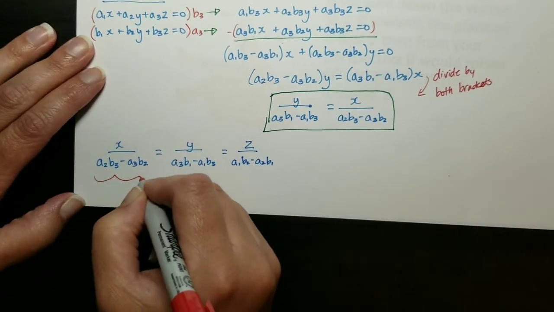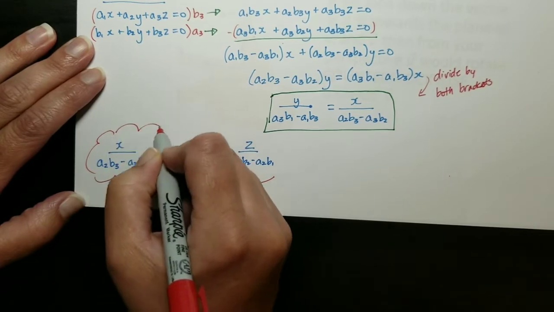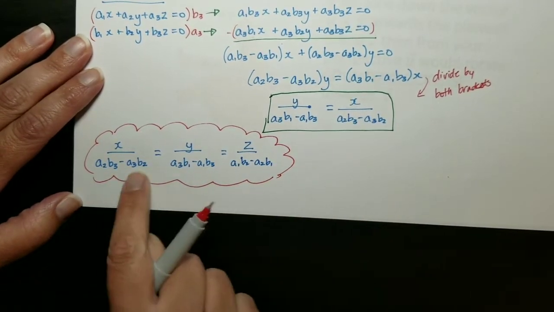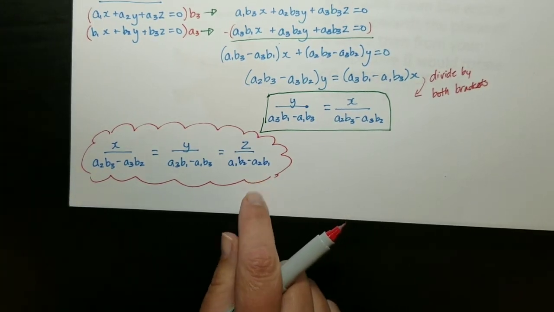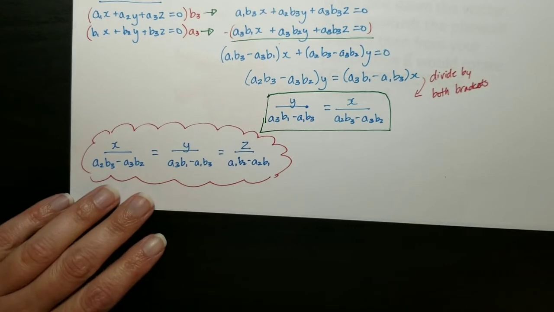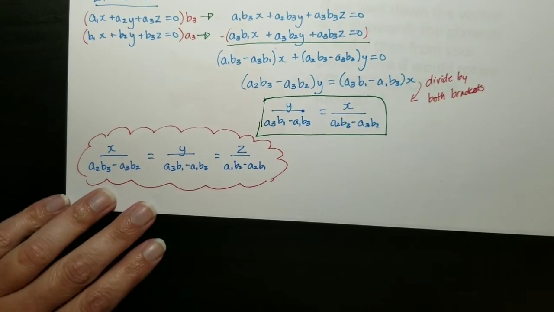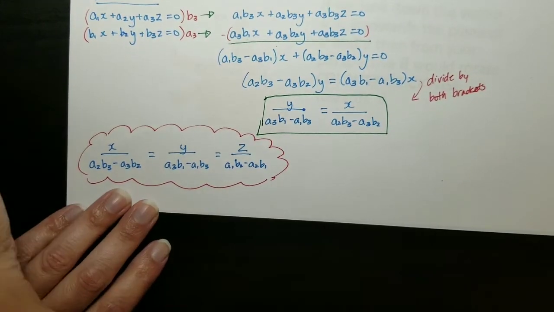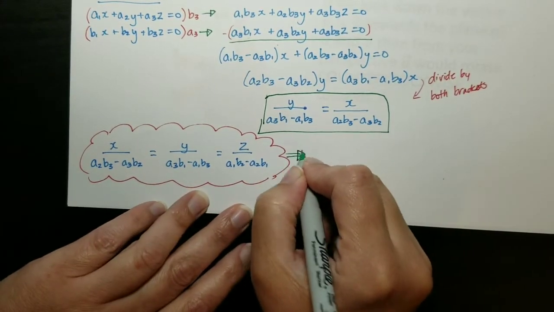It's still really messy, and we don't actually know what these are equal to. We just know that they're equal to each other. So remember how I said that there's actually an infinite number of scalar multiples? We need to just choose one, and let's choose one that makes our math the easiest.